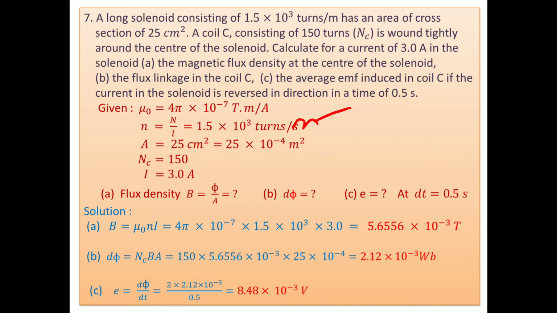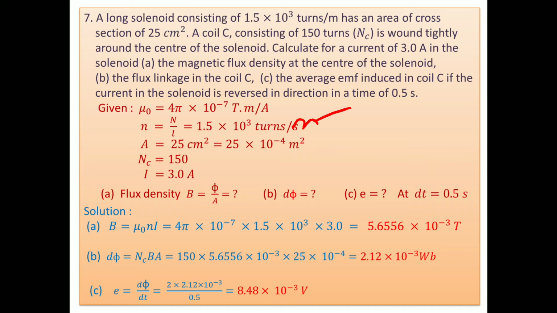Flux density means flux per unit area, and it is nothing but the magnetic field. Then B equal to phi upon A you have to calculate, as well as the flux linkage in the coil, d phi to be calculated, and as well as the average induced EMF in the coil if the current in the solenoid reverses in the direction in a time of 0.5 second. Mean time is given.